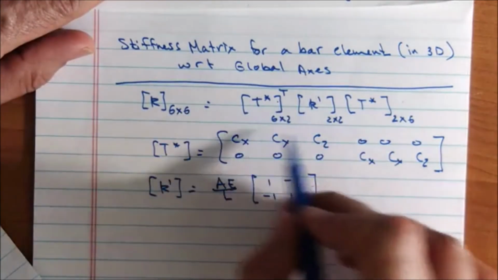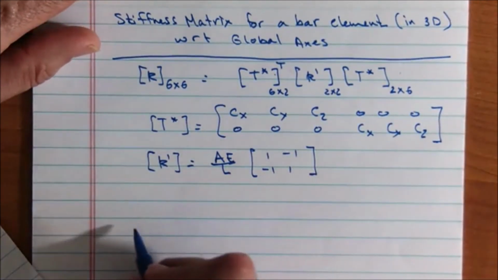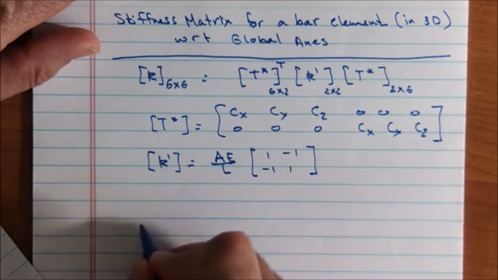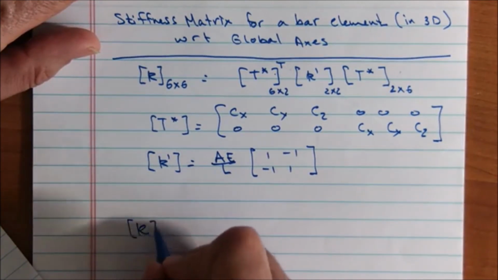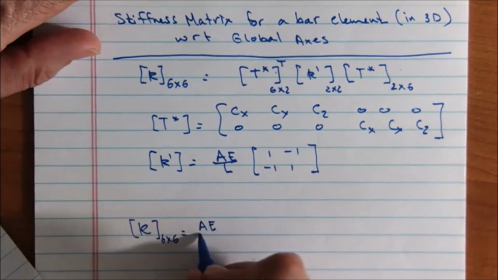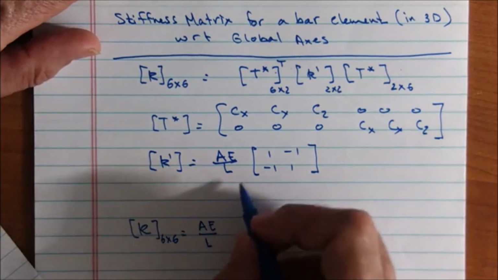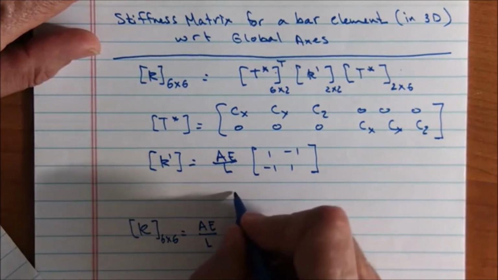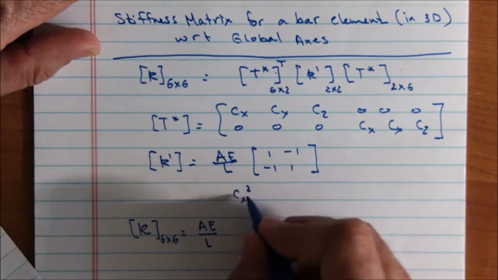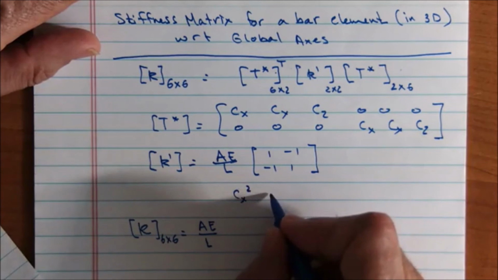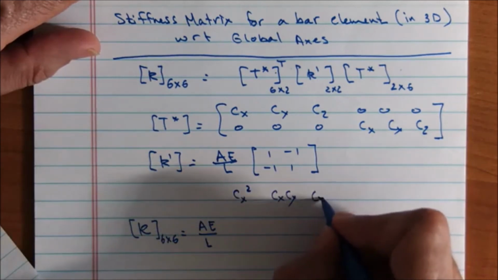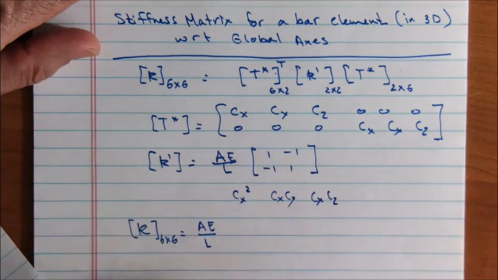When we complete this matrix operation, we're going to find that this K, the 6 by 6, is equal to A E over L multiplied by, on the first row, first column, Cx squared. Then I have a CxCy, and then a CxCz.